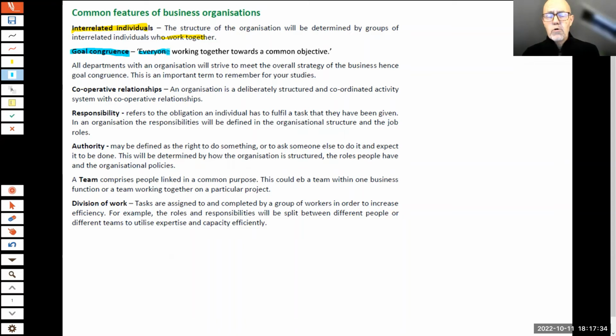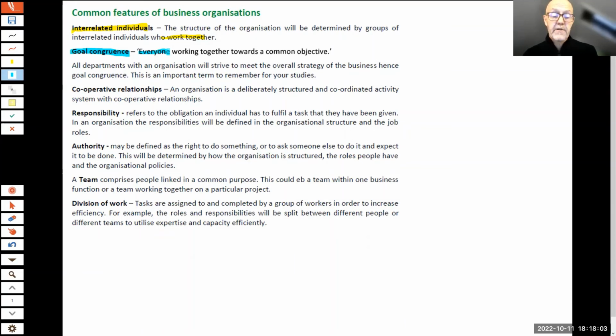The term goal congruence you may have met. Anybody who's already done a costing unit, management accounting costing, we meet it in that, where there is a danger that businesses can set up a bonus scheme which rewards an individual for something that actually is not in the interest of the company. Goal congruence, that every decision taken should include everybody, that everybody is to benefit.